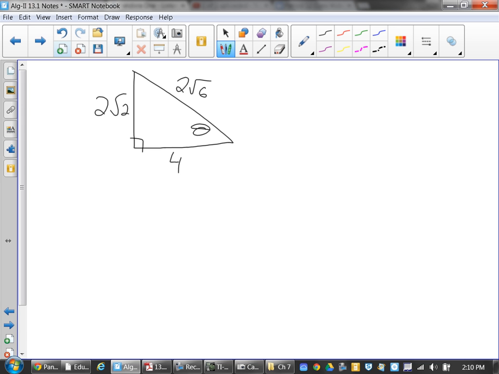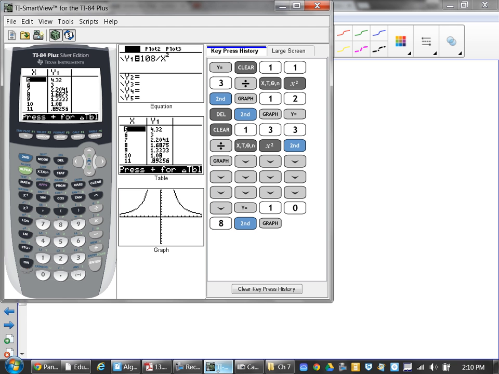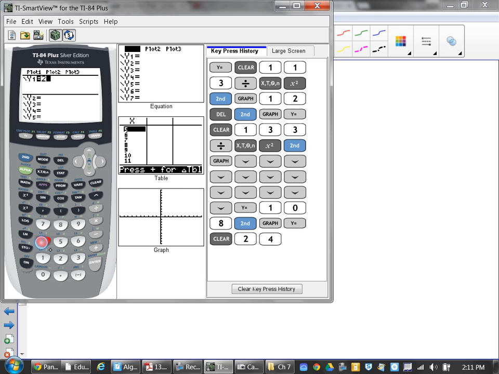Do you guys remember how to simplify radicals with your calculator? Remember the trick? We all agree that you did this plus this and got 24, right? You take the square root of 24. In your calculator, go to y equals and type in 24 divided by x squared. Go to your table.